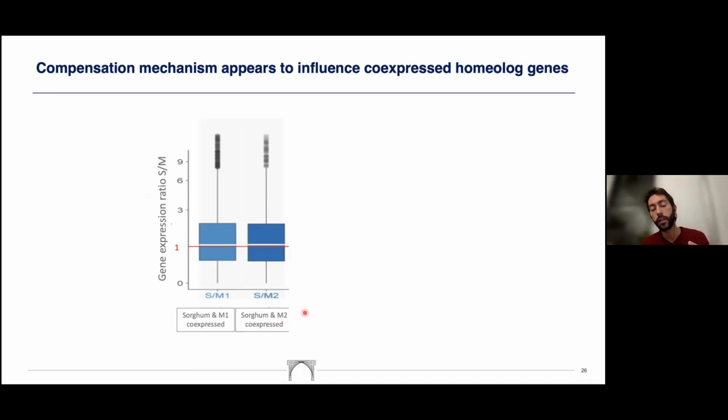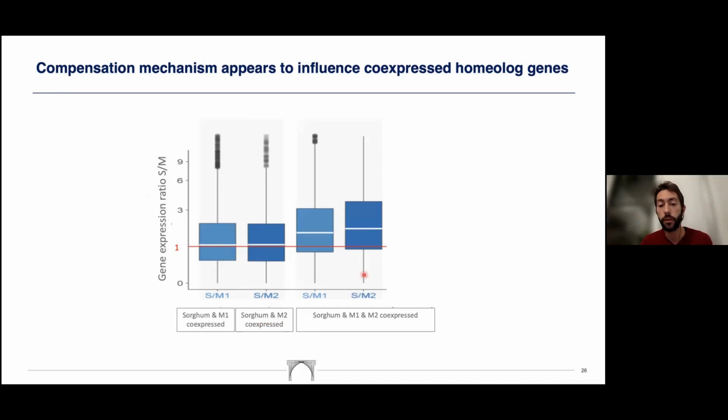However, when you look at genes that are co-expressed with sorghum, MEIS1, and MEIS2 in the same cell type, then the ratios are much different. You see it's quite higher, meaning that the sorghum ortholog is more highly expressed compared to MEIS1 or MEIS2. To get to the level of sorghum expression, you need to combine the expression of MEIS1 and MEIS2 to recenter the distribution towards 1.